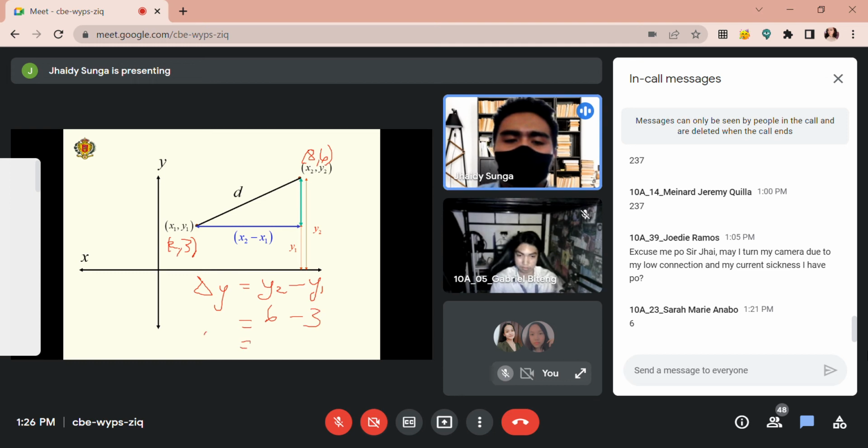Alright, so therefore the delta y would be 3. Alright, so are you getting? Alright, so let us have this one. So from that example, knowing that we already got the blue segment and the green segment.